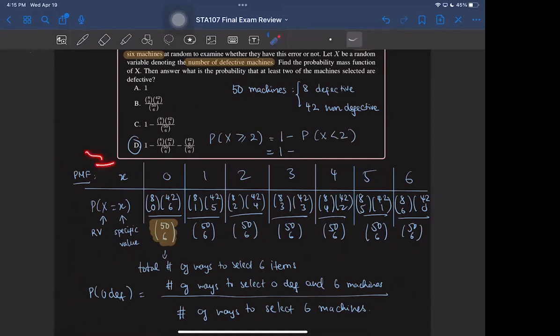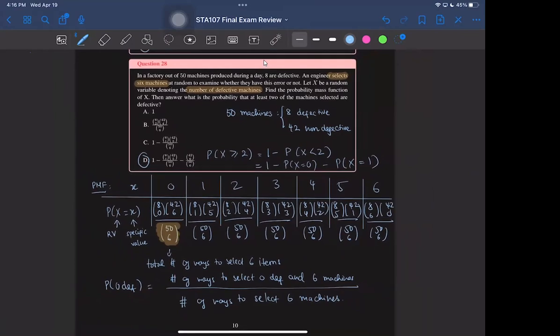So you look at the table, which value of X is less than 2? Only 0 and 1. So we subtract the probability X equals 0 and the probability of X equals 1. And that is what part D gives us. Does this make sense?